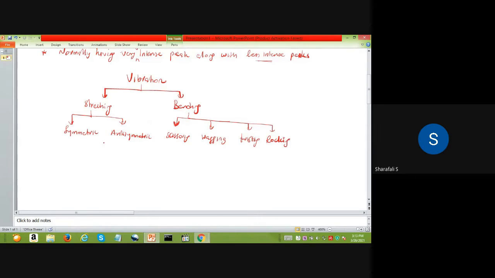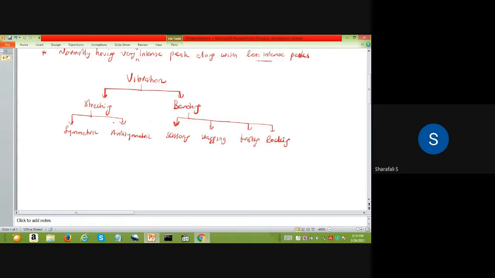Now, what actually happens when you have infrared radiation is that molecules absorb this infrared radiation if their molecular bonds or the atoms have that particular vibrational frequency in that particular molecule.